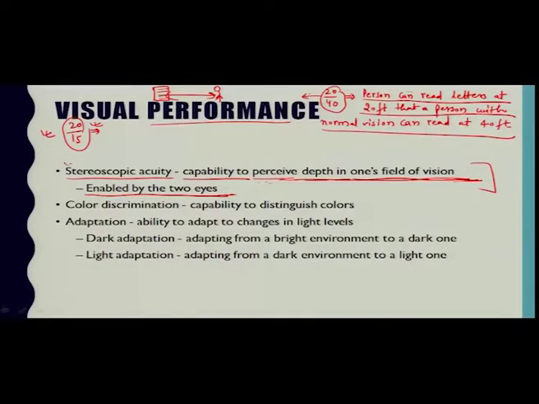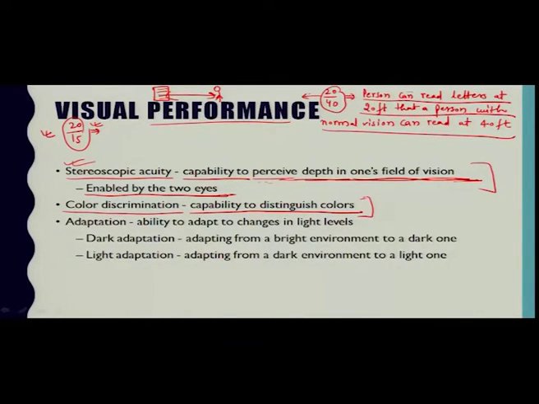So this is a kind of a stereoscopic acuity, and the next is color discrimination. So the person is having difficulty in discriminating those colors. This is the capability to distinguish colors, and it is enabled by the cones in the retina, which are nothing but the photoreceptor cells that are sensitive towards light.